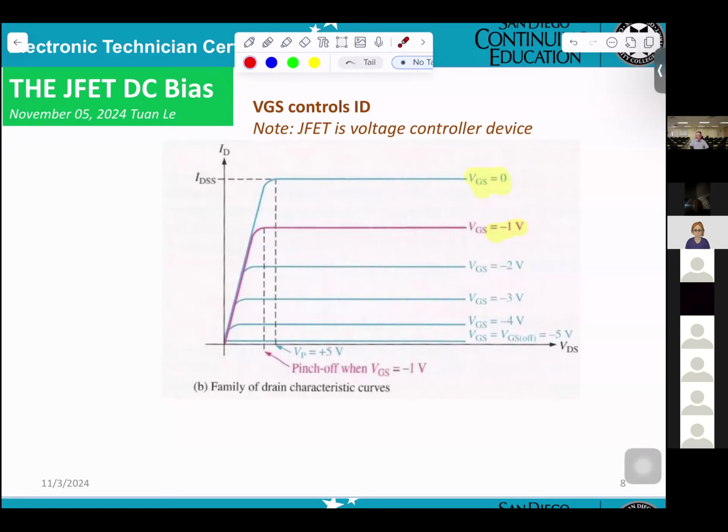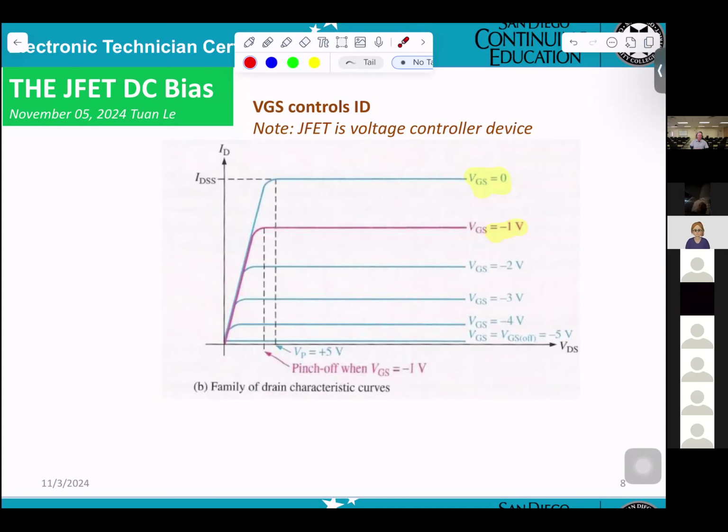That means when you change VGS, you get a different current ID and a different voltage VDS. Remember, the JFET is voltage controlled. However, we already know the bipolar is a current controlled device.